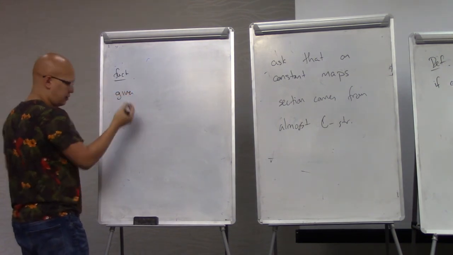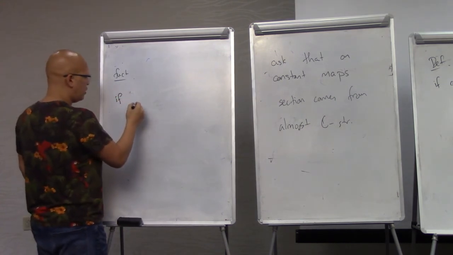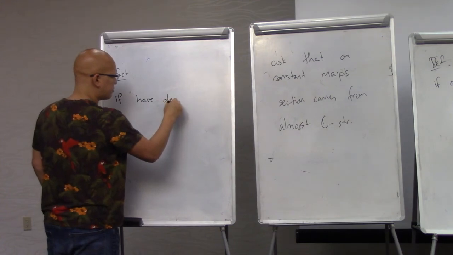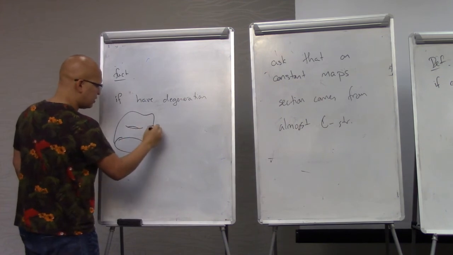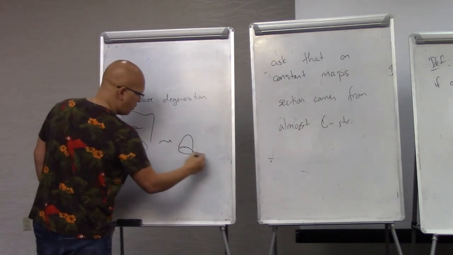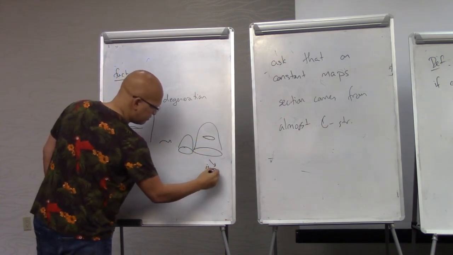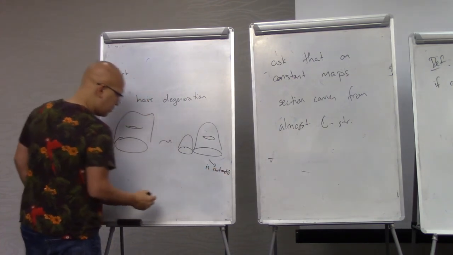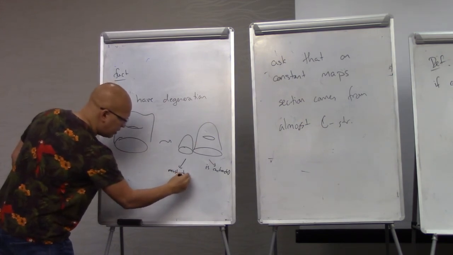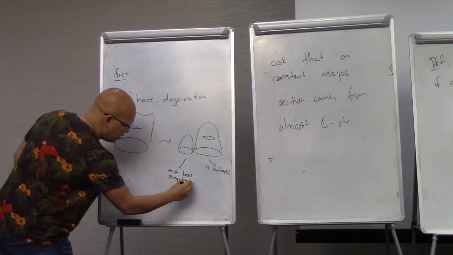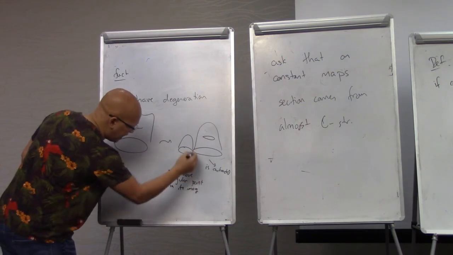If you have a degeneration from something with some genus to a map where this piece is contracted, then this piece must have a singular point in its image. In fact, at that boundary.